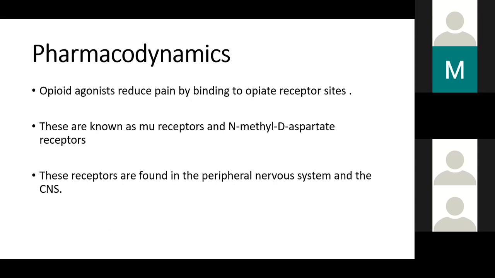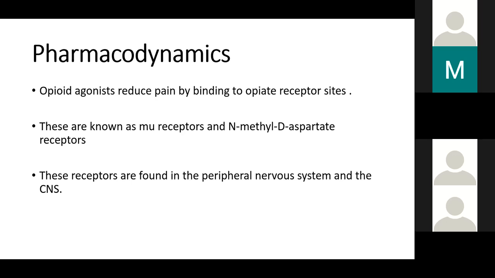So pharmacodynamics, opioid agonists reduce the pain by binding to opiate receptor sites. So you have these receptors in the CNS and also in the peripheral nervous system. Now these receptors are known as mu receptors and then N-methyl D aspartate receptors.